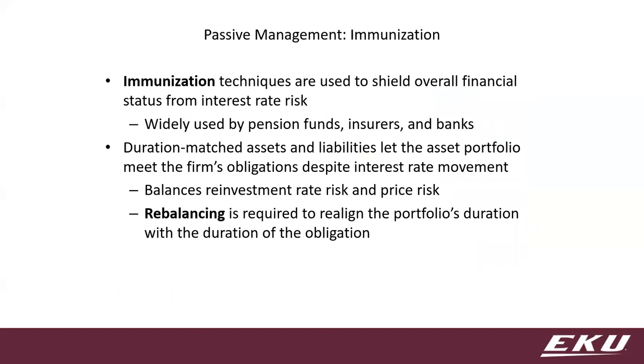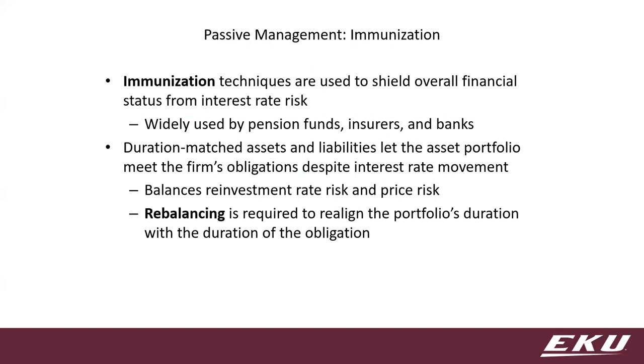Second thing you can do is immunization, where what you're trying to do is just minimize the risk exposure you have from interest rates, even though you're holding all of these bonds. And so the duration matching your assets and your liabilities. In the case of, let's say, a pension fund, their assets are going to be all these bonds that they buy, and their liabilities are the pension payments that they have to make to the retirees. Right. And so they know on average our retirees will live this long, so they're going to receive these payments for this long of a duration, right?